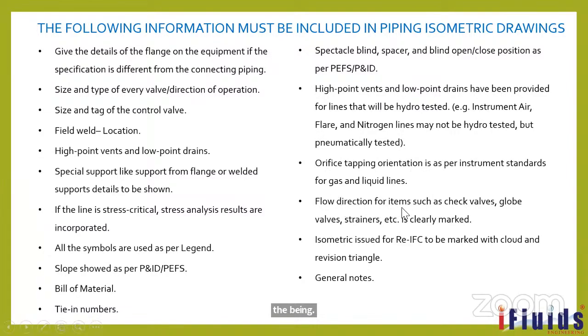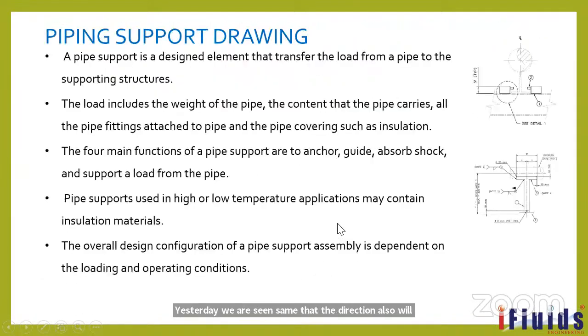Like that, flow direction of items such as check valves, globe valves. Yesterday we saw about valves. Flow direction is a must for check valves, globe valves and strainers, and the direction will be mentioned in the isometrics with an arrow mark.